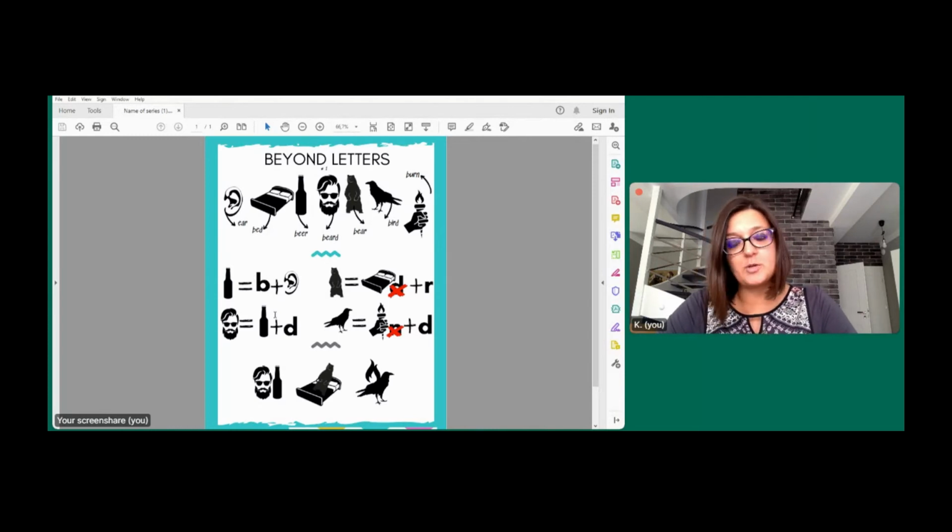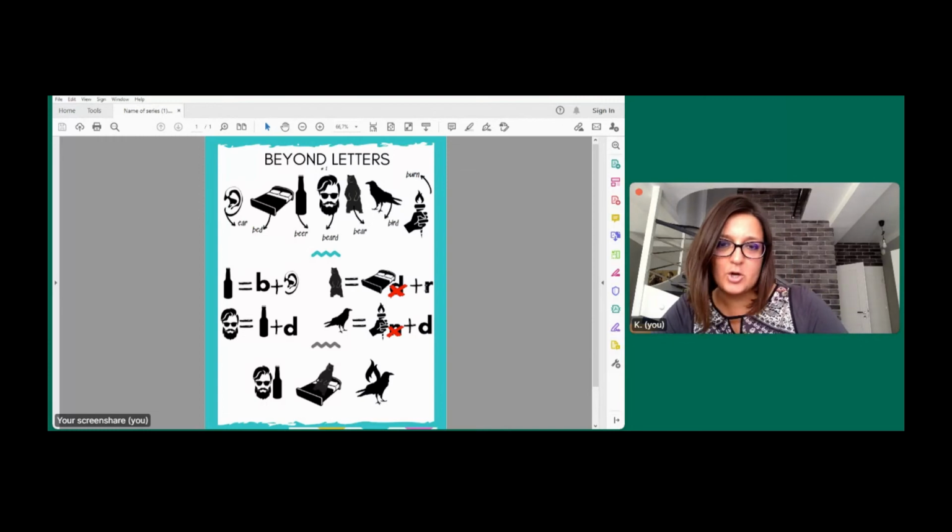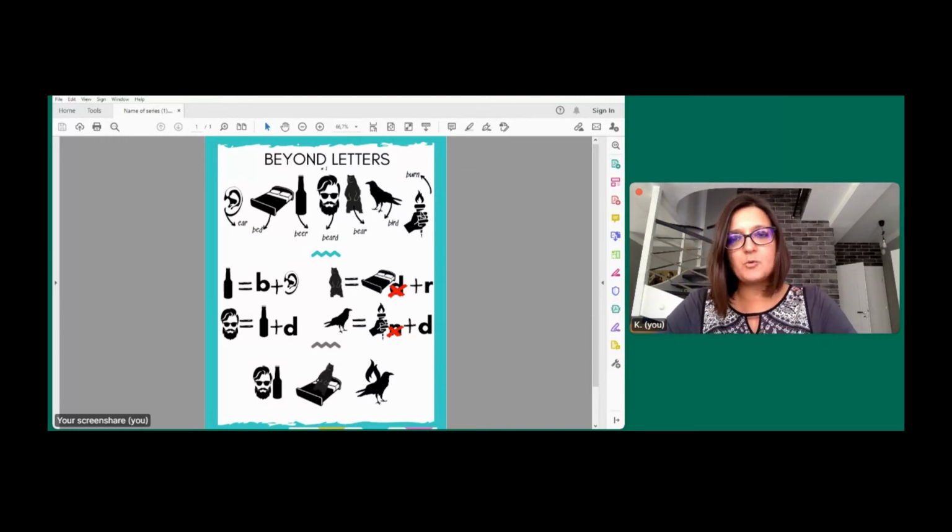We have a beard, so we have beer plus D is beard. Then we have a bear, so we have a bed, we delete the D, we add an R, so we have a bear. And we have the word burn, we delete the N, we add the D, and we have bird. So very simple. The pictures help the students remember the sound better.